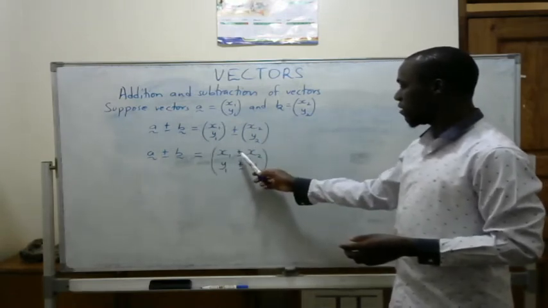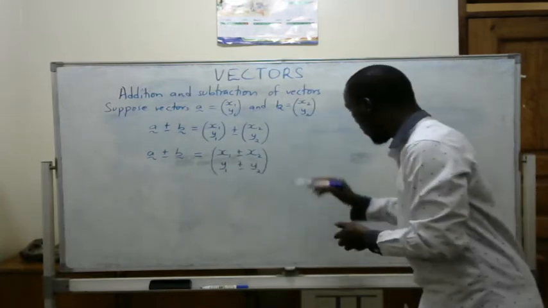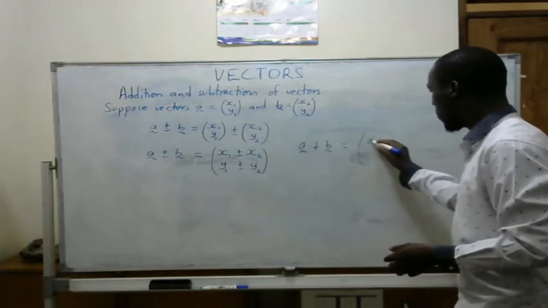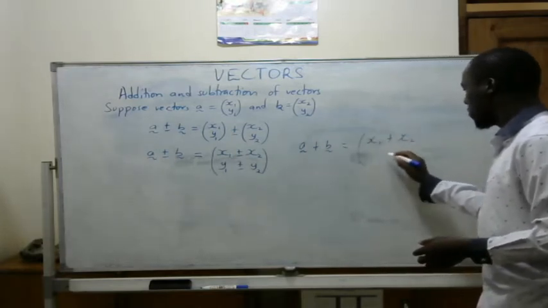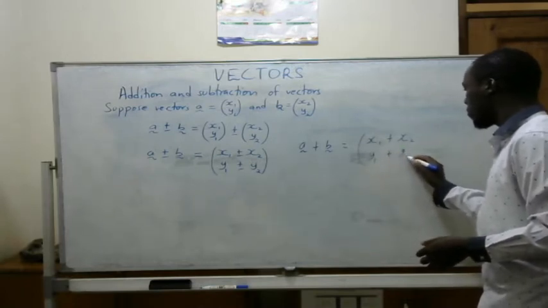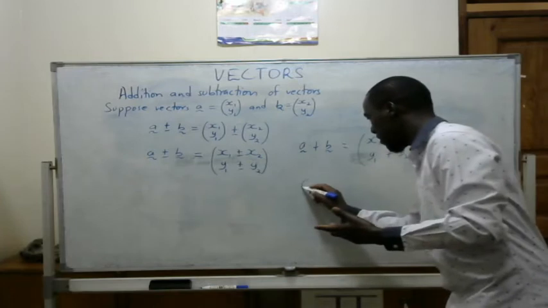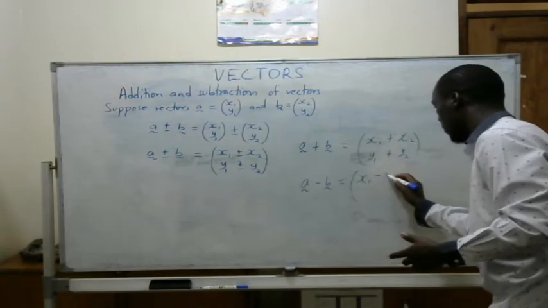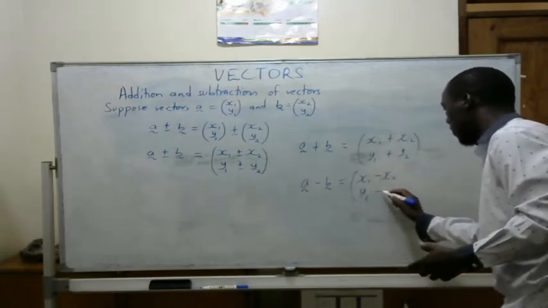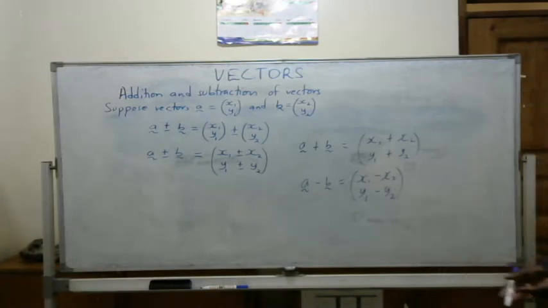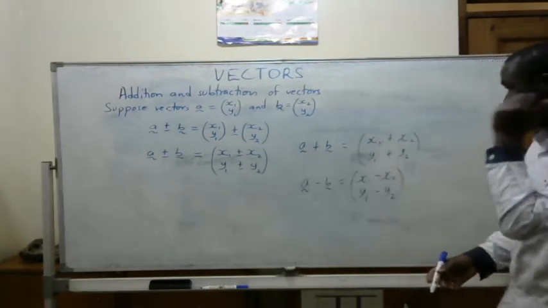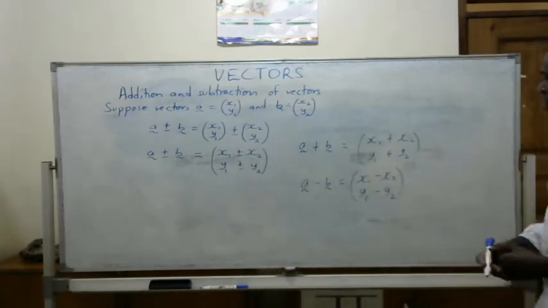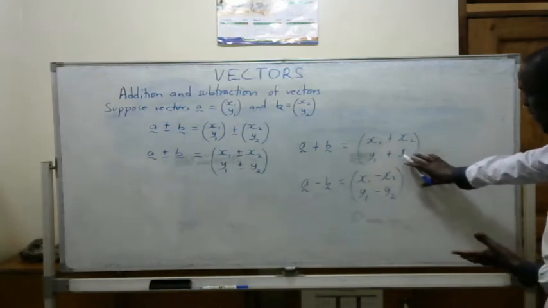So the addition, A plus the vector B, is x1 plus x2, then y1 plus y2. Then if it is a minus, that is x1 minus x2, then y1 minus y2. As simple as that. Only that here I've just combined the signs to mean that it is either addition or subtraction.